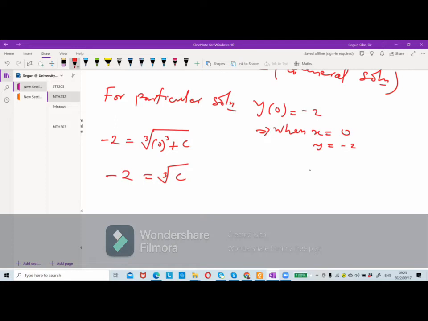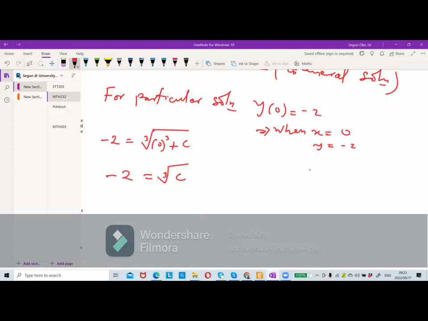Anybody? We're going to find the cube, we're going to raise both sides to power 3. You multiply minus 2 raised to power 3.